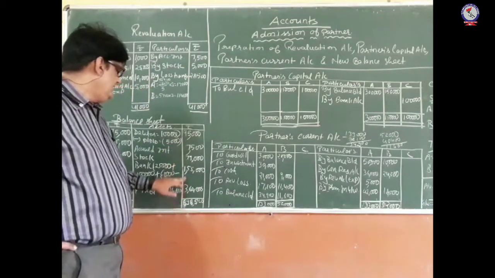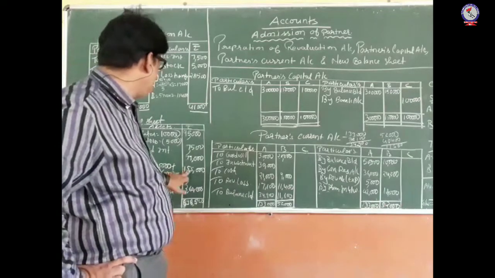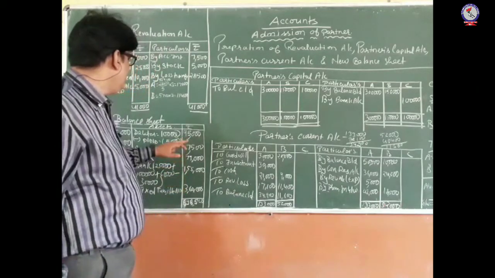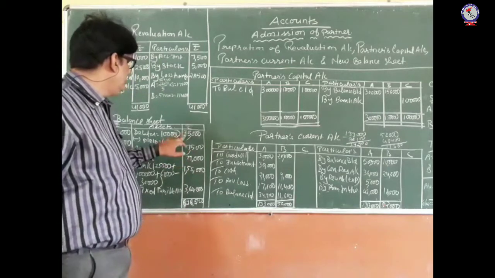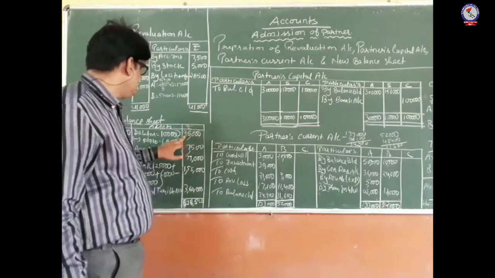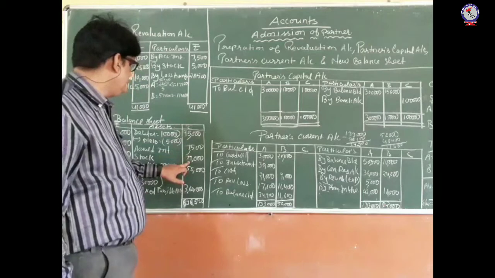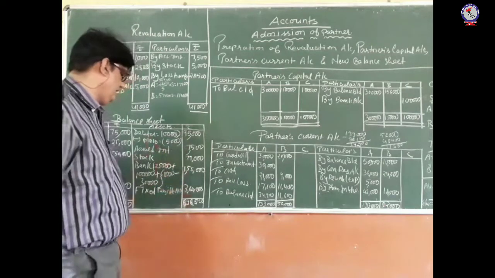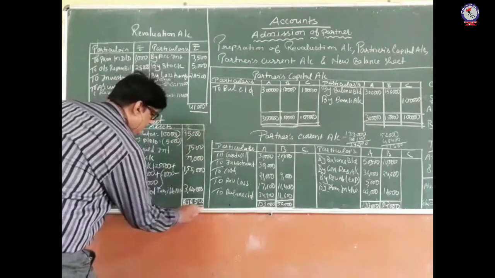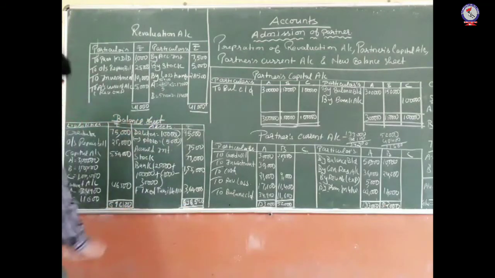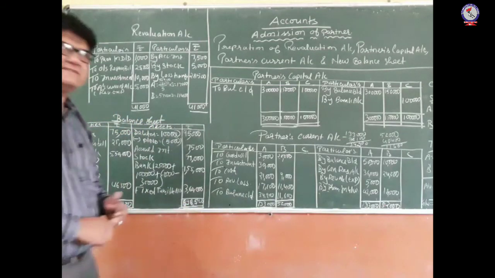Okay, 360, 460, 550, 520, 6,10,000, 6,89,000 and 6,96,500. So this is the end of your balance sheet also with 6,96,500.